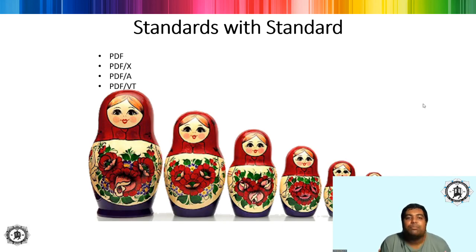So naturally, the purpose of creating higher versions of the product is to ensure that certain functionalities, those advantages that were not present in the earlier file formats, are now present. So that is the entire purpose. Hopefully this concept of standard within standard is now clear to you.